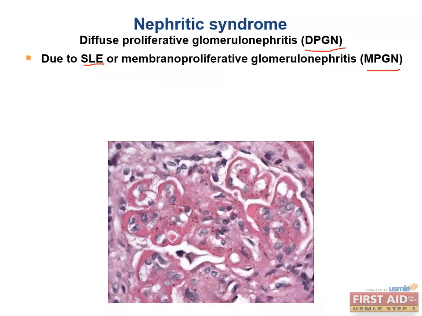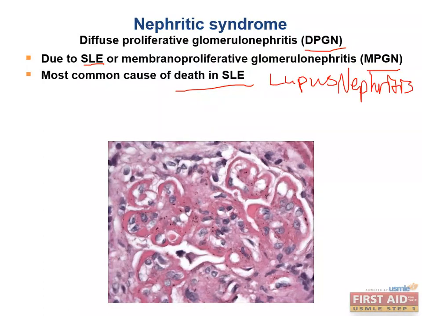So MPGN can have both a nephrotic and a nephritic presentation. When it presents as the nephritic, we call it DPGN, diffuse proliferative glomerulonephritis. It's the most common cause of death in SLE. And when people say lupus nephritis, DPGN is usually what they're referring to.